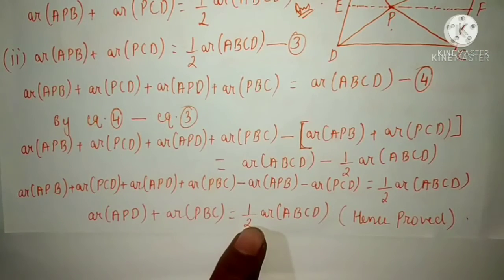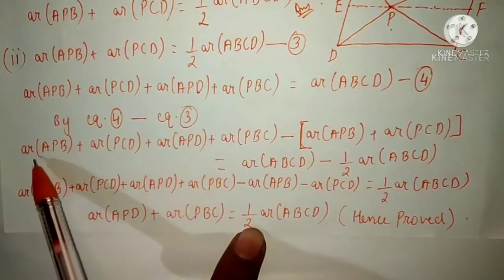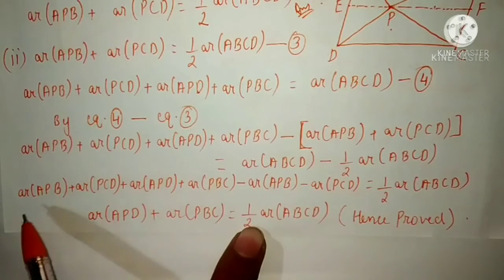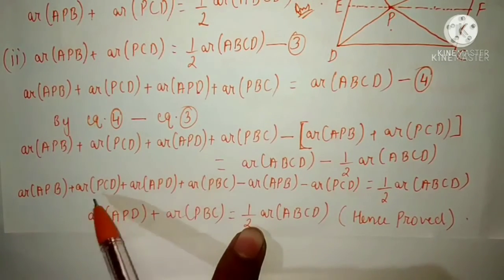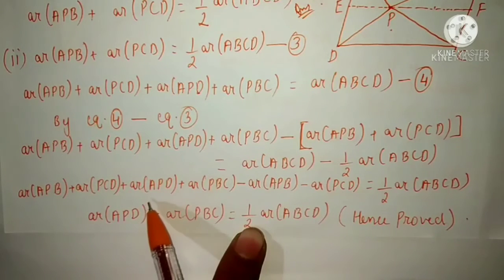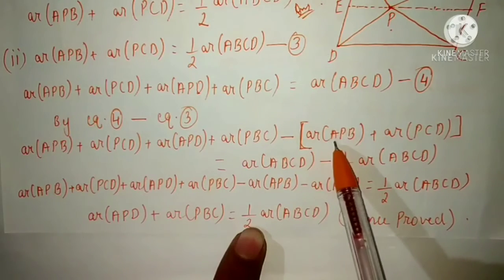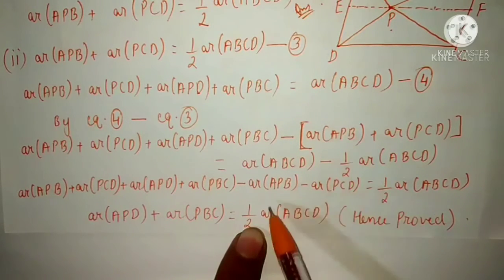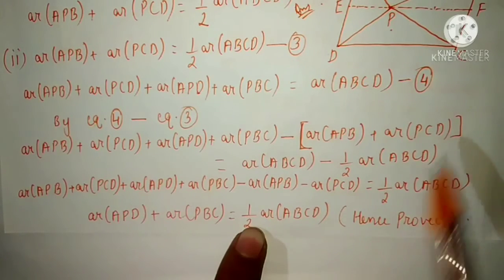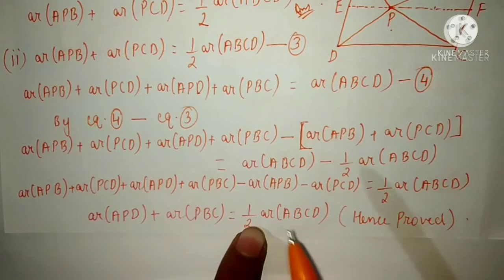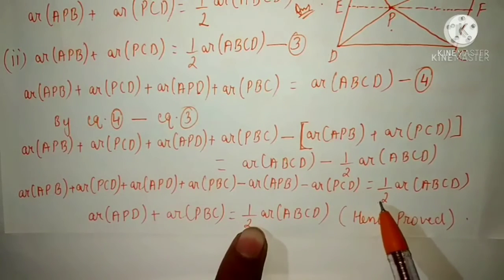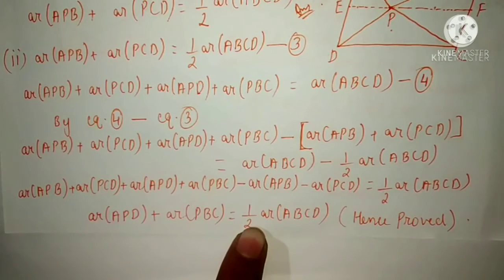Now see, area of APB, here the same we have written, then area of PCD, then area of APD, then area of PBC. Then here minus will come, so minus area of APB, then again minus plus is minus, so minus area of PCD is equal to, now ABCD minus half of ABCD will be equal to half of ABCD.